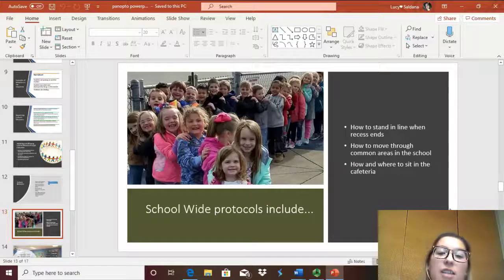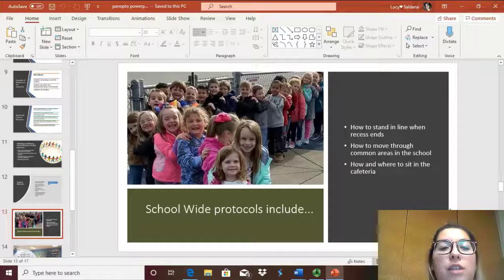And the last thing it talked about was how and where to sit in the cafeteria. Some schools might have the kids sit by grade level, with their teachers in the cafeteria. So these protocols are kind of easy to follow for some students, but some are harder for the kids to get in the routine because sometimes it's hard to get into a transition.